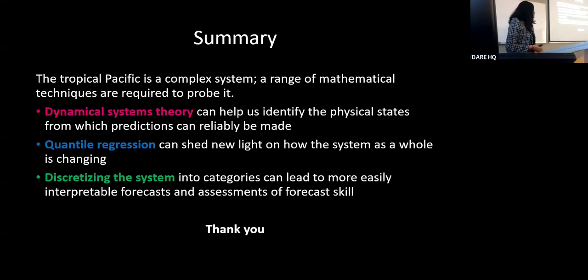And we also tried discretizing the system into different categories to simplify and understand how our forecasts perform better. So this is a fascinating system which offers very fertile ground for applying your favorite mathematical method.